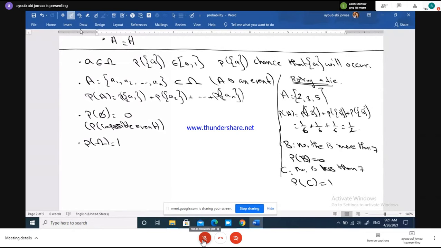If you want to understand probability like a percentage, 100% sure when I say 1, it means 100, a chance of 100% that C will occur. When the probability is equal to, for example, 0.2, it means a 20% chance that this event will occur. This 1 means 100%, for sure it will occur. This 0% means it will not occur.